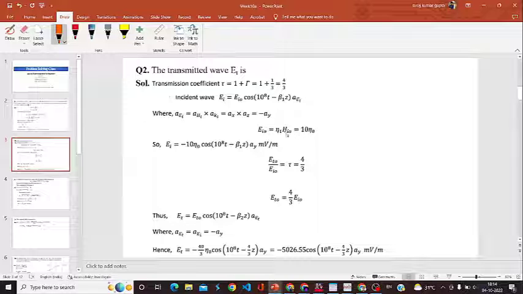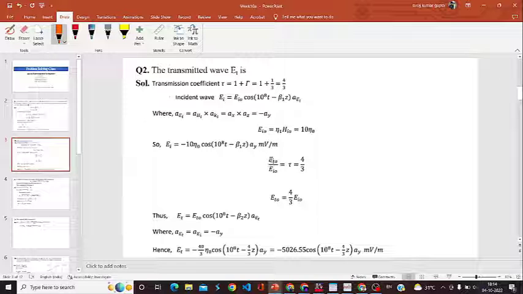H naught, the amplitude of the magnetic field, is 10. So the amplitude of the electric field will be 10 eta naught. You can put the value of eta naught in this expression. So the final incident electric field that we obtain in the air media is defined by this expression.